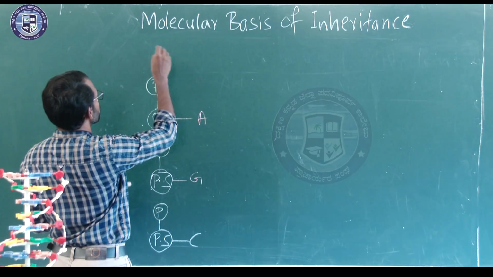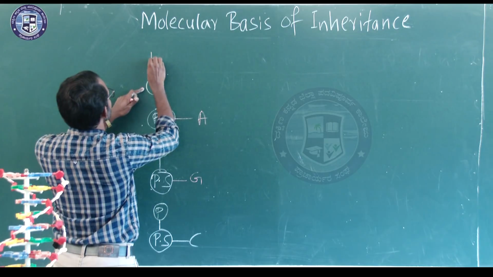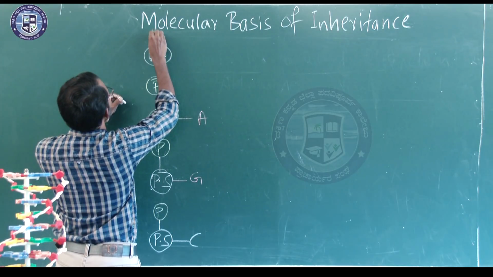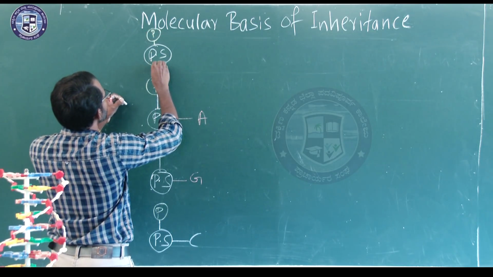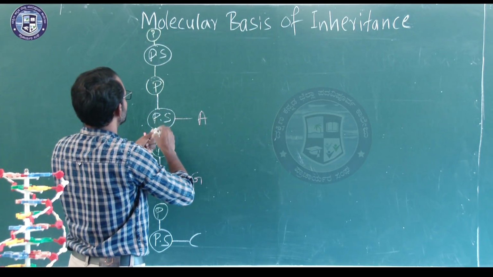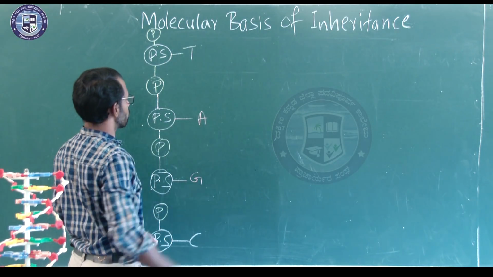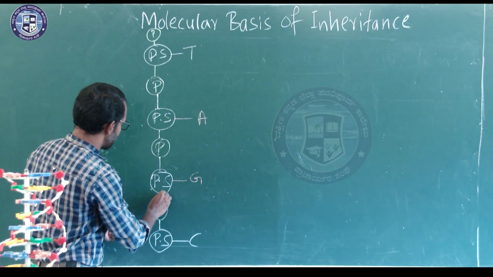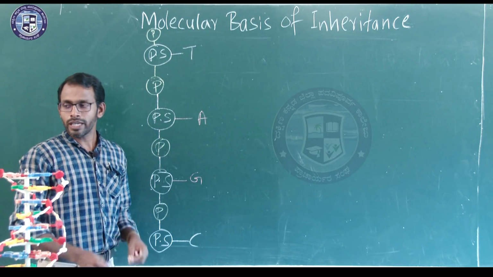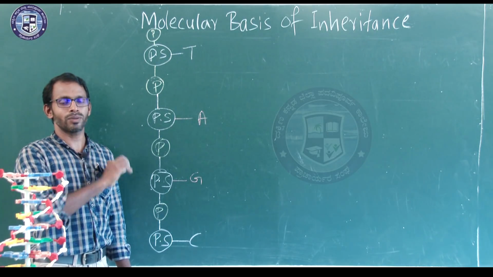I will draw another nucleotide here which has a pentose sugar joined with a phosphate group, with a phosphodiester bond binding them together. So here you can find a polynucleotide, which can be of DNA or RNA. The pattern will remain the same in both DNA as well as RNA.